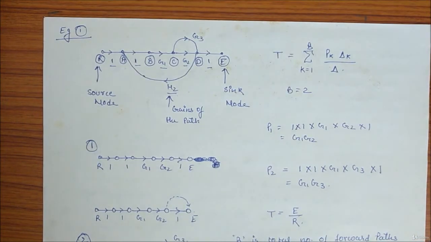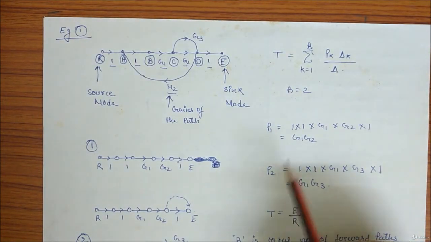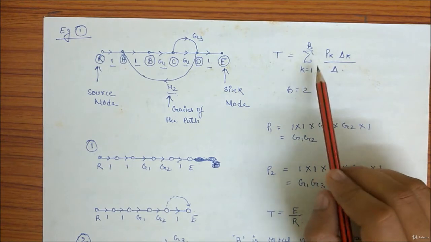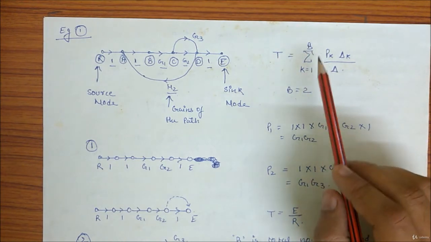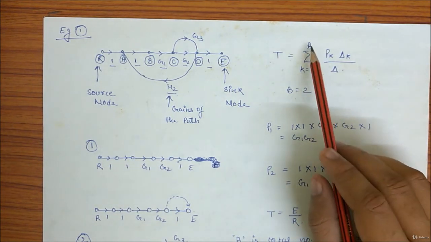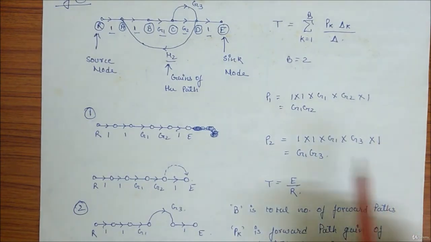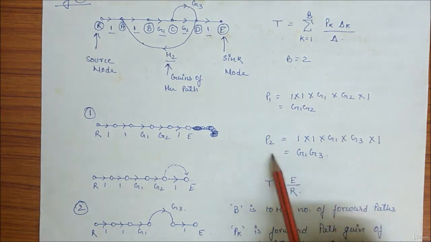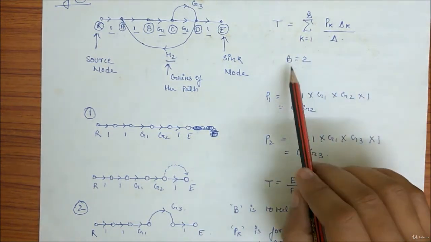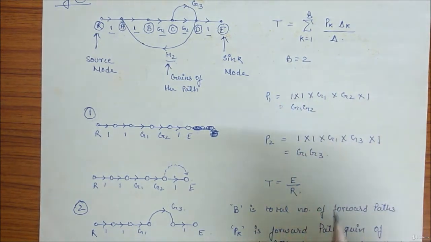Why are there only P1 and P2? Because k goes from 1 to b. My b is 2, so k can be 1 and k can be 2. So Pk is based on how many forward paths we have.